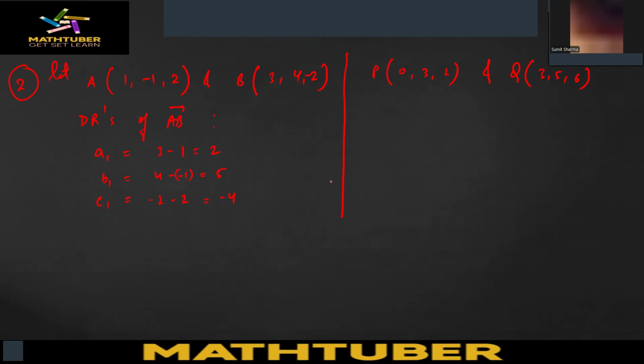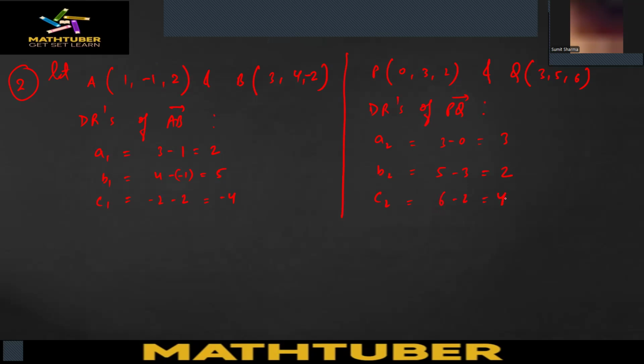Right, so these are the 2 points. The DRs of PQ vector, A2, B2, and C2, will be 3 minus 0, which is 3, 5 minus 3, which is 2, and 6 minus 2, which is 4.